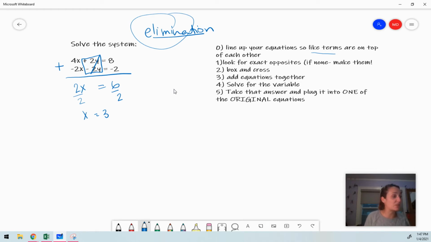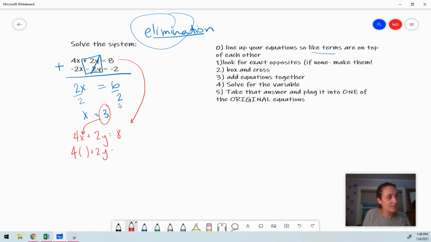It does not matter which equation you use. I think I'm going to use the top equation because everything's positive, and positives are definitely easier to deal with than negatives. So 4x plus 2y equals 8. But now that I know what x is, instead of x, I plug in 3. 4 times 3 is 12.